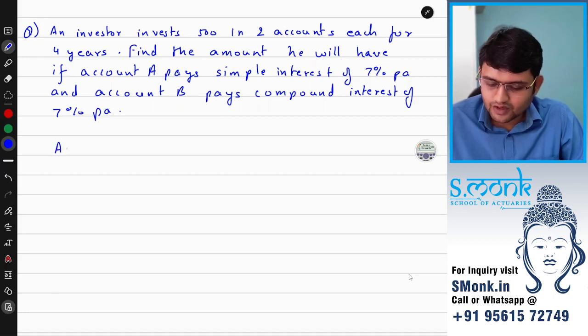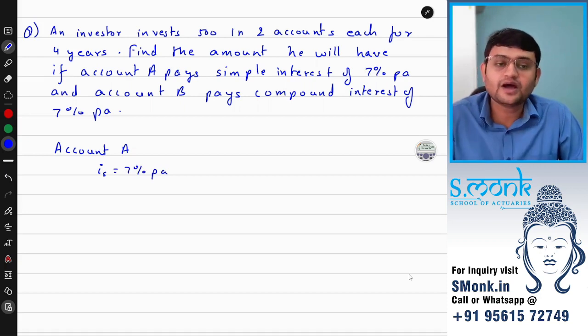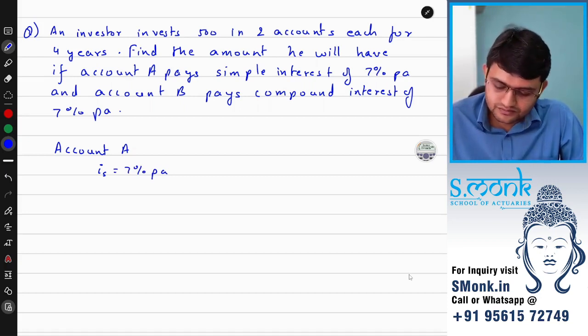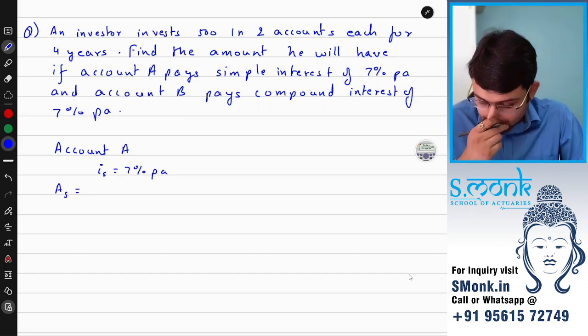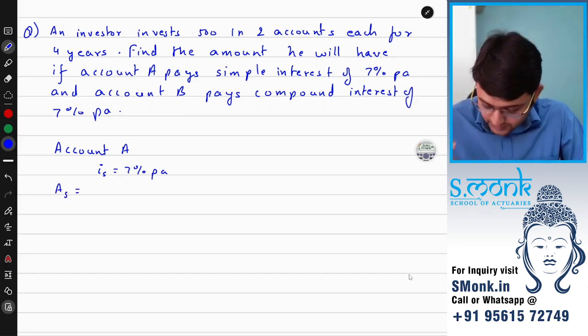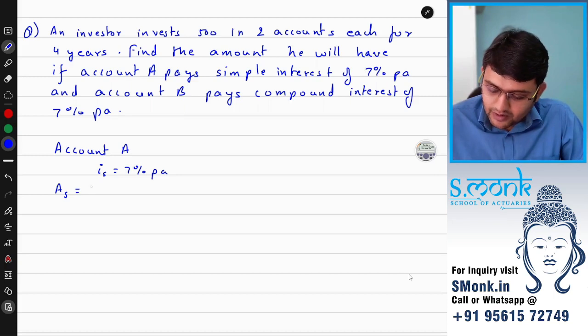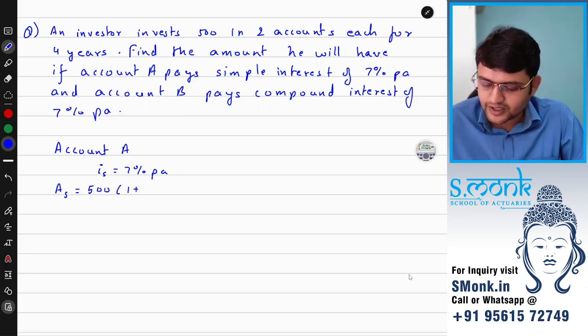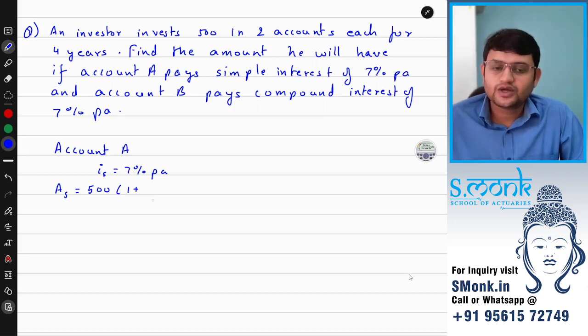So first, let's talk about account A. Account A has simple interest of 7% per annum. So if we want to directly find the amount after 4 years, in simple interest, we'll just say principal amount is 500 and 1 plus the rate of interest is 7%.